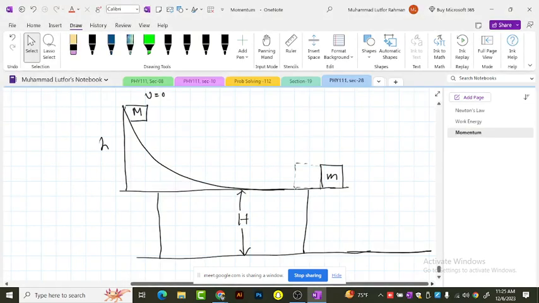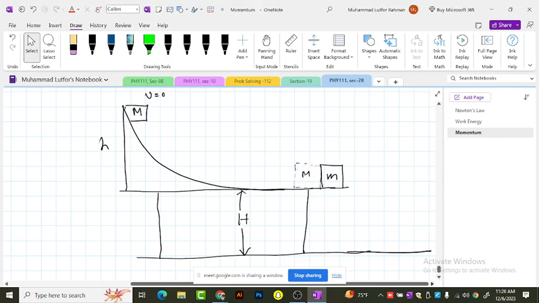And after the collision, probably they can bounce back. If their velocity is negative, they'll bounce back, and they can also fly off from the table. Now the question is, if they fly, at what distance will they fly? That's the question over here.